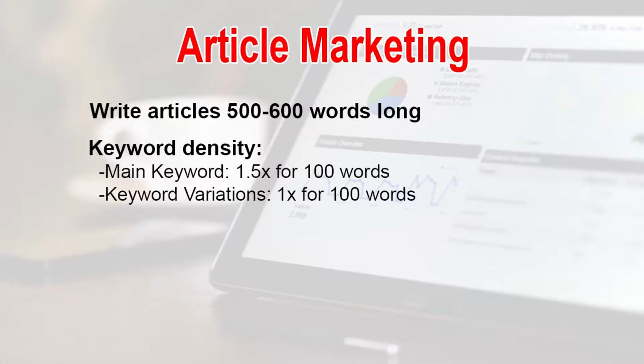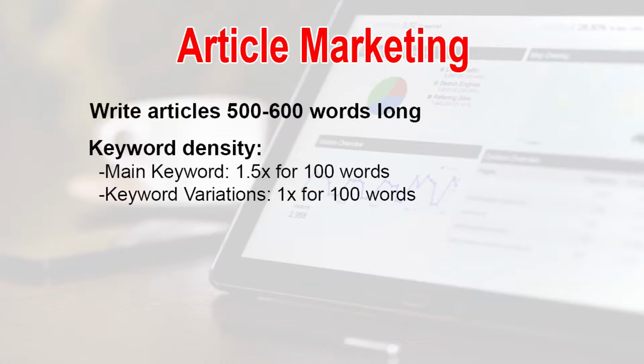Now the keyword density, and this is absolutely important. This is probably one of the most important things about article marketing, because remember that the search engines are looking for your keywords in the articles. They're going to scan the article and find what's relevant about it.